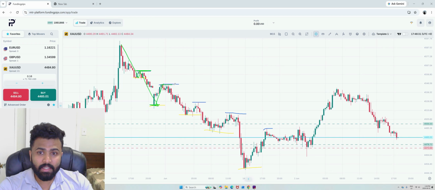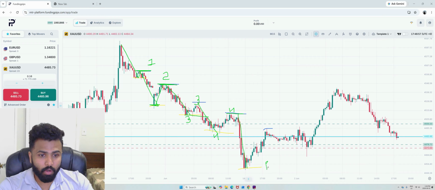Then this is another lower high number one, lower high number two. It did not break. That means the market is continuously in a downtrend. Then again coming down, it created a third lower low and third lower high. Again it came down, fourth lower low, fourth lower high, fifth lower low, fifth lower high.